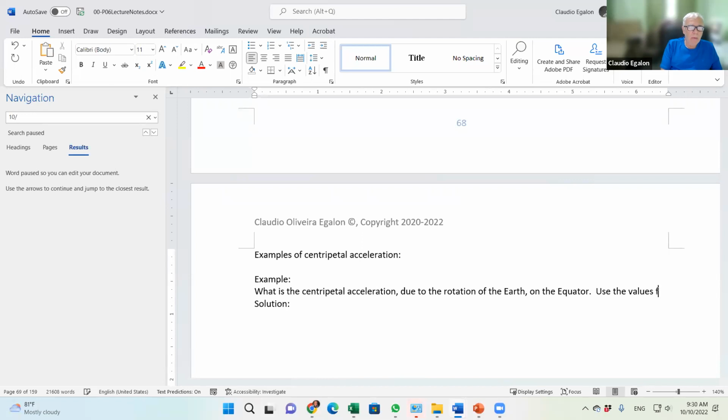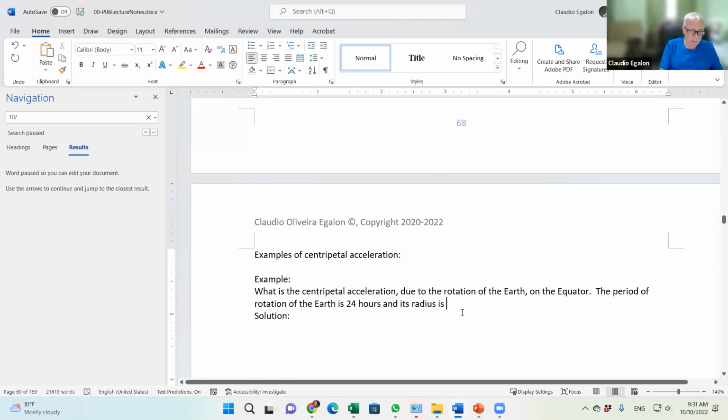Use the period of rotation of the Earth, which is 24 hours. And its radius is what? The radius of the Earth. You can look at the book, or you can look on the internet. It's approximately 6,400 kilometers.